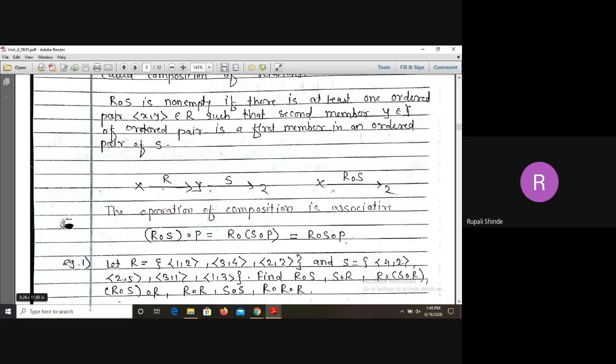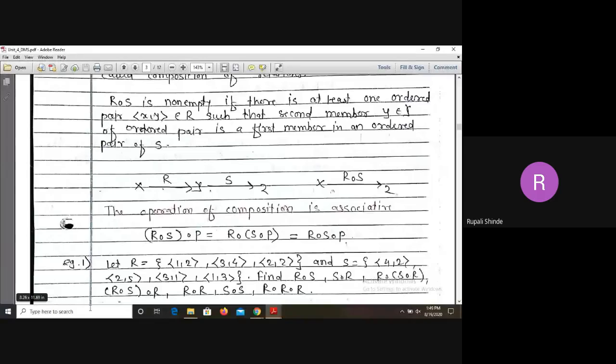Okay. Now the next point, you have to find R composition R and S composition S. So find these two compositions, then we will see how to find composition between three relations.